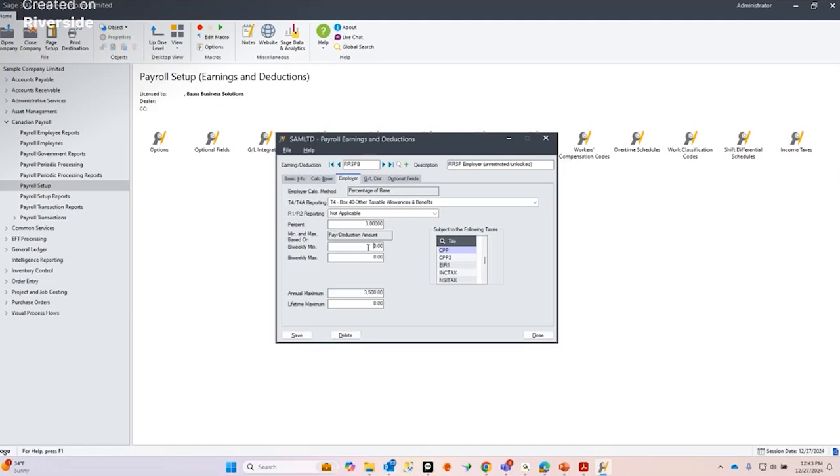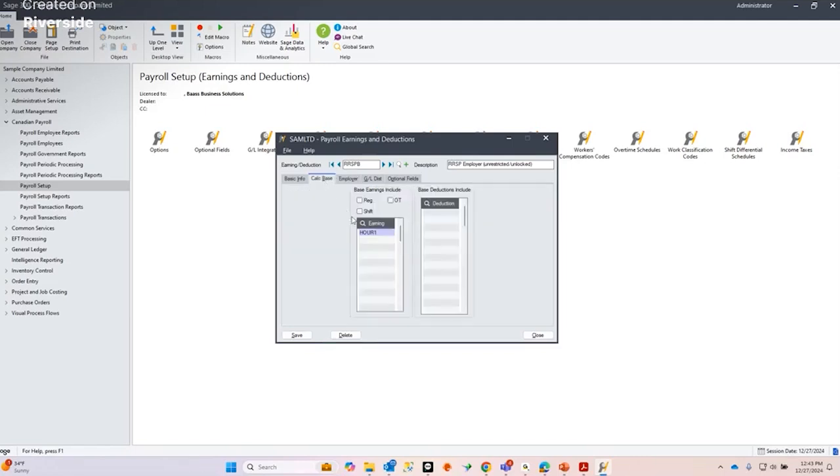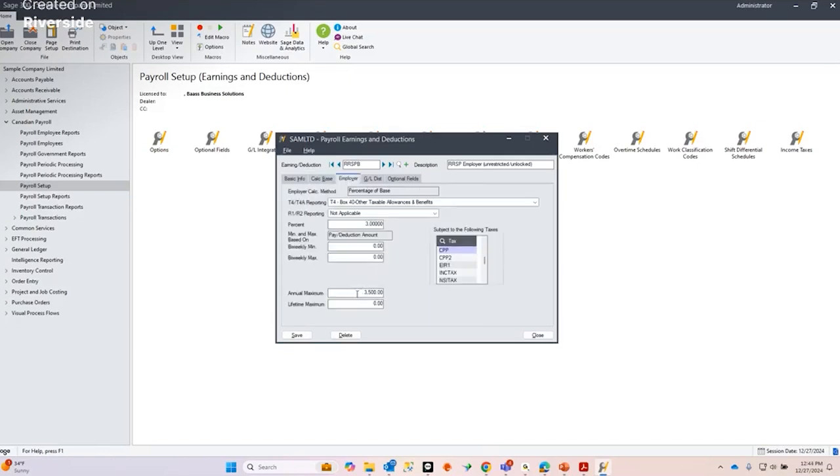And in this particular scenario, we're doing 3% of any earnings that are under the code called hourly, to a maximum per year of $3,500. So even if the employee contributes more, the employer's maximum for the year is $3,500 in this sample.